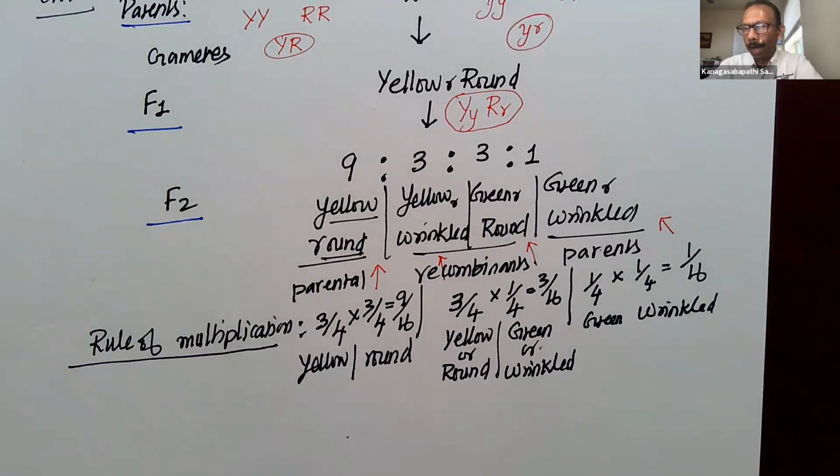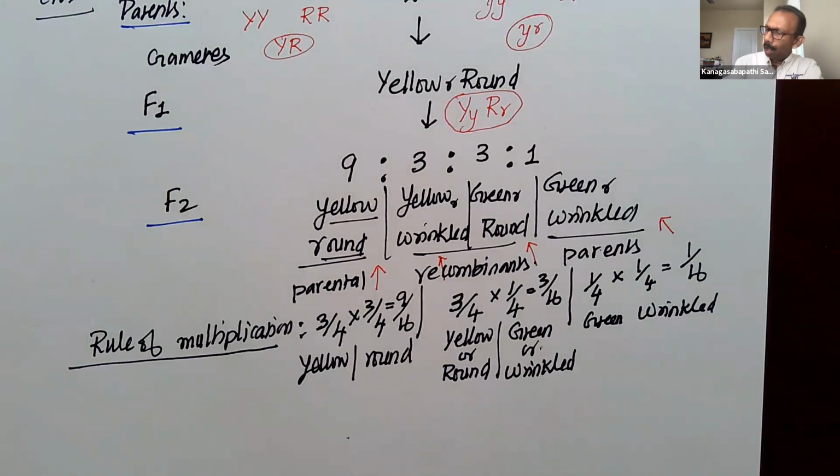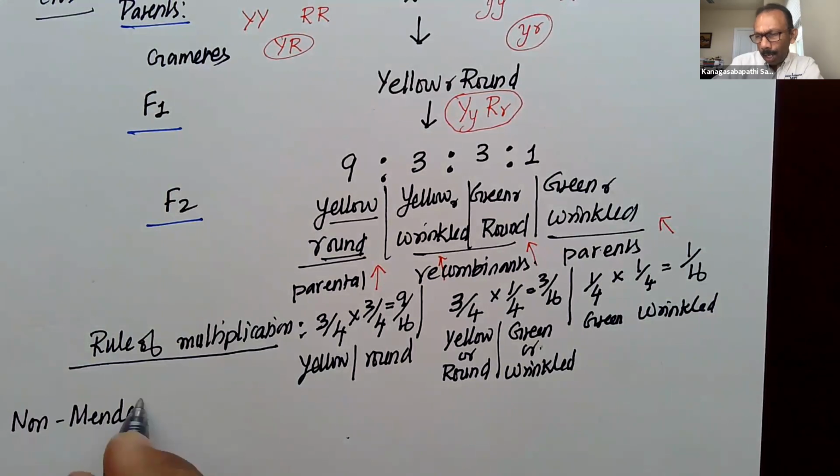Nope. Okay, that's fine. I'm going to move on to the last part, which is non-Mendelian inheritance. These are cases that Mendel did not figure out, but were discovered later on.